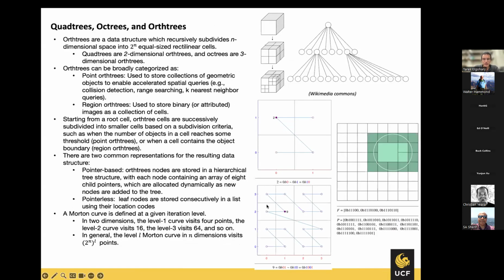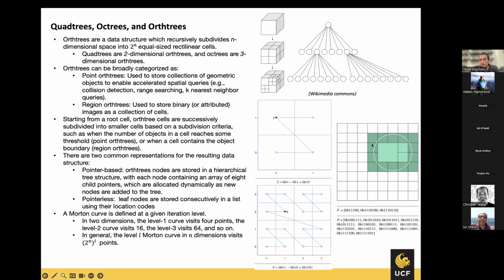I'm going to use that example, which is a quad tree. The quad tree is the two-dimensional representation of the orthree, which is the general n-dimensional representation. So what you see here is, if I want to represent this circle in this quad tree structure, I will have full cells with these addresses. These addresses are the cell addresses, and then partial cells, which we can divide even more.